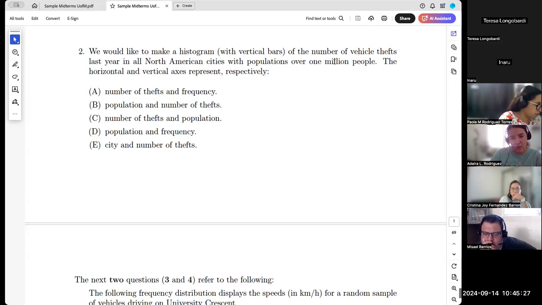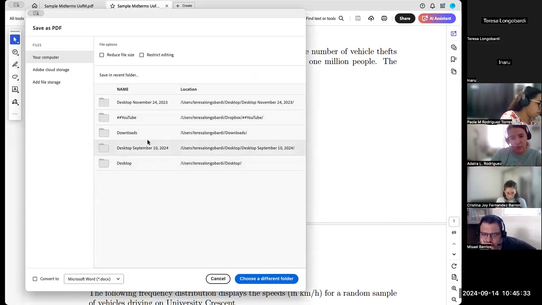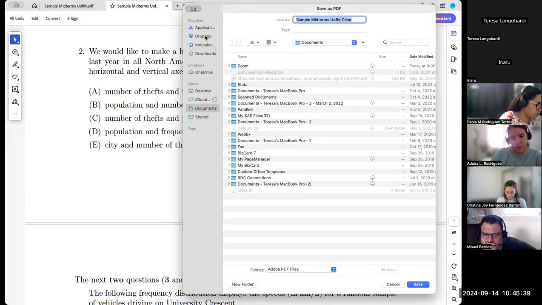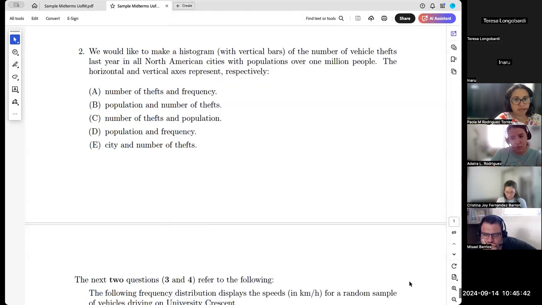So what is the variable here? What is the variable?